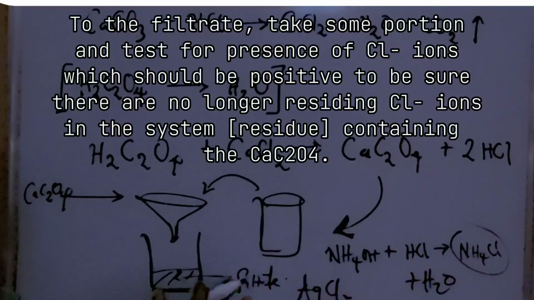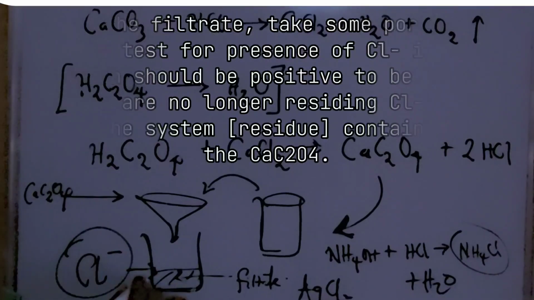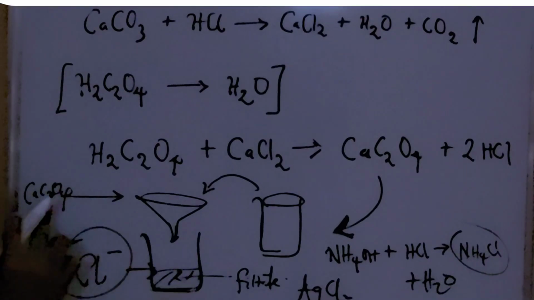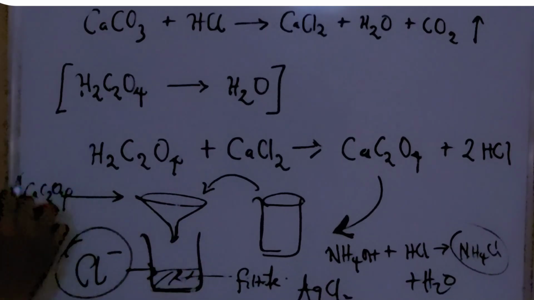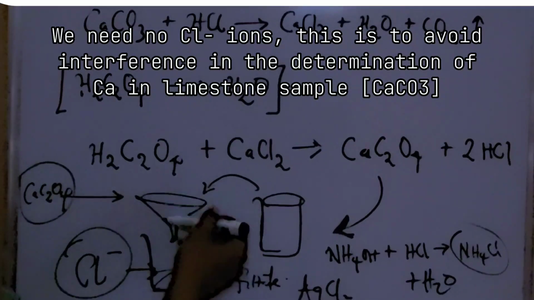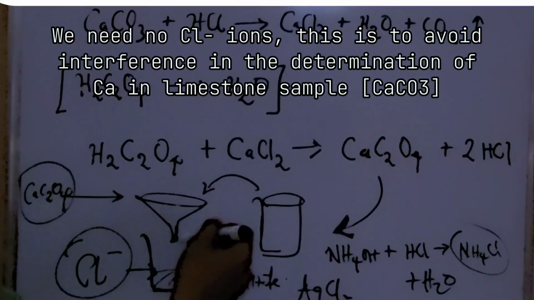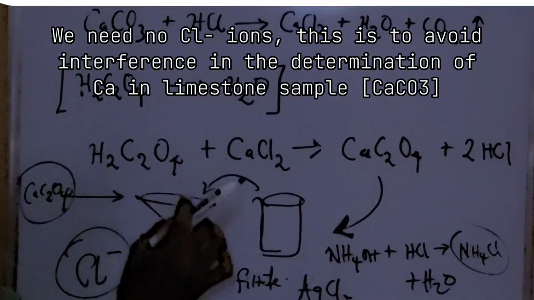So once we've gotten a positive test for the presence of chloride ions in the filtrate, then we are sure that what we have on the filter paper is essentially our calcium oxalate, in the calcium of which we're interested. So what then happens is that we're going to wash this down, all right? We can actually do it here, or you can bring out the filter paper.